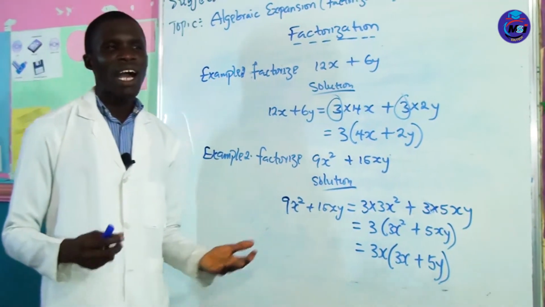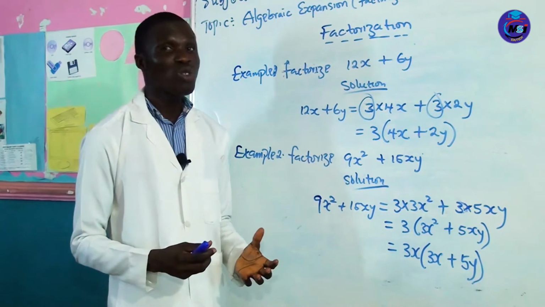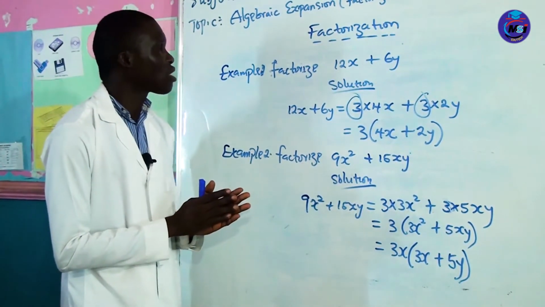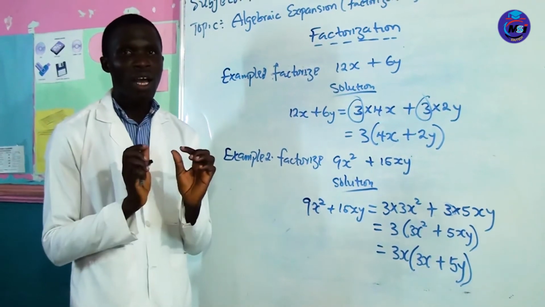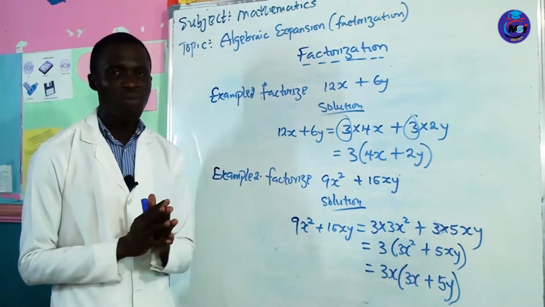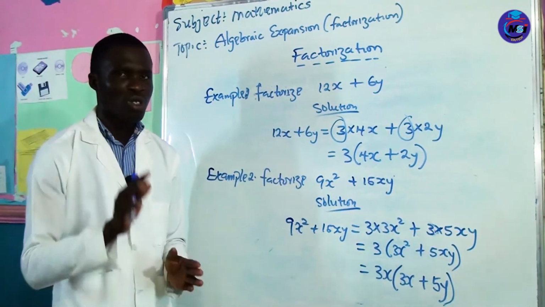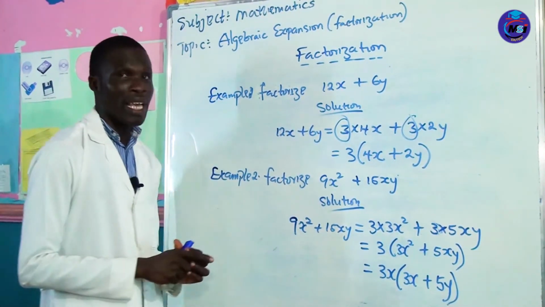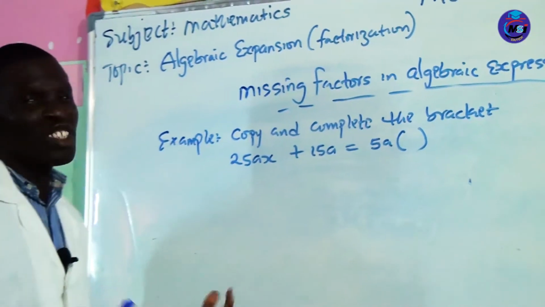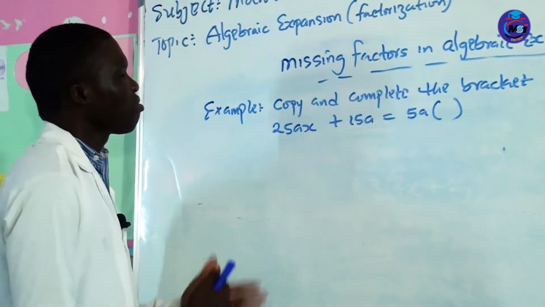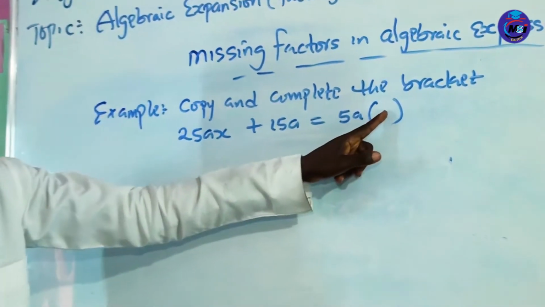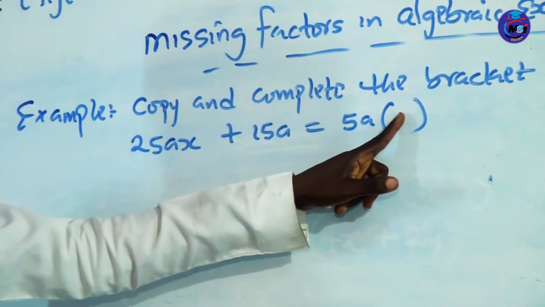Okay. Now, we want to go into another part of this topic, which is finding the value in the bracket using the factorization method. So let's see how we can do that. We want to look at missing factors in algebraic expressions. And the question is, copy and complete the bracket. We don't know the value inside this bracket.